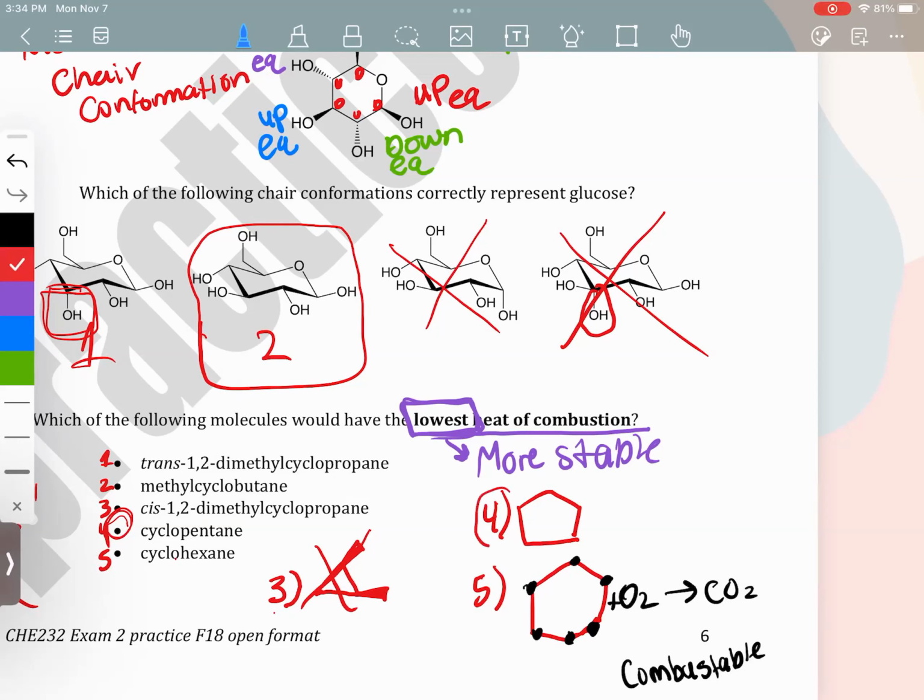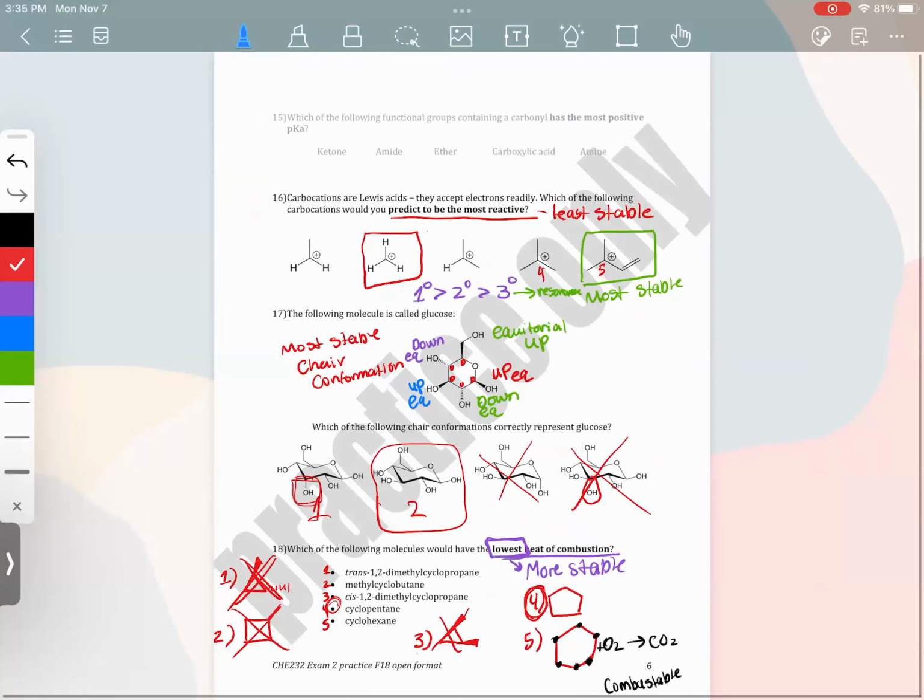It barely has torsional strain, and it doesn't have too many carbons. So if they asked for the highest heat of combustion, it would be 5. Okay.